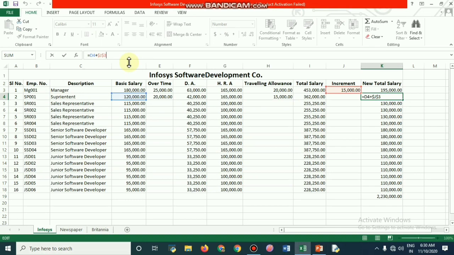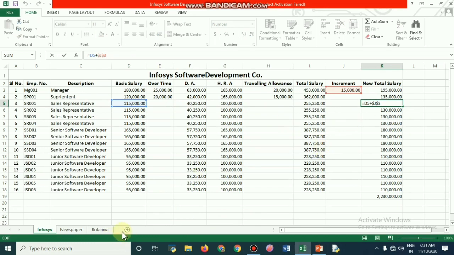D4 changed, but J3, when you put a dollar sign in front of J3, it won't change, but the formula takes the value which is there in the cell address J3. Okay, here at the third stage, you will get the same thing.